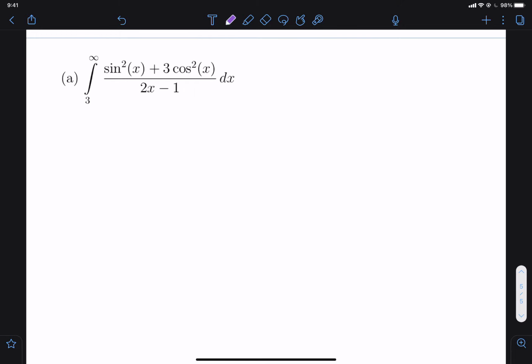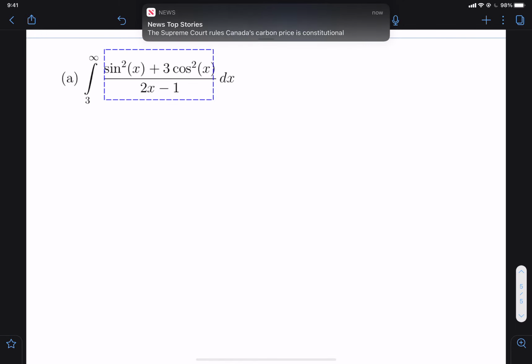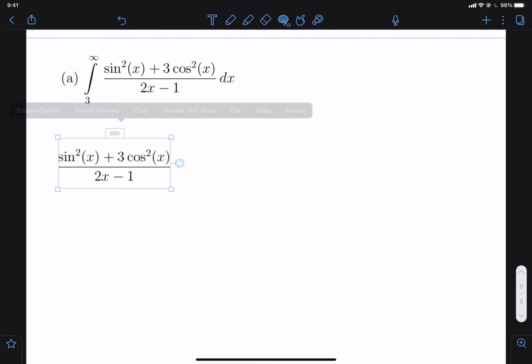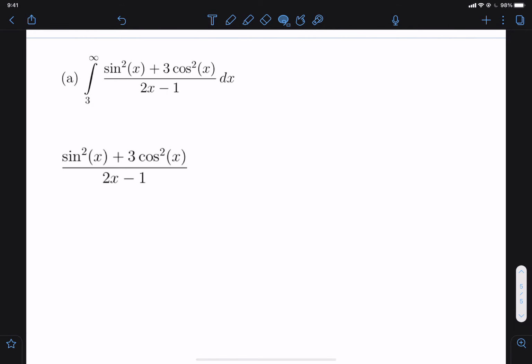So if we take this thing out, and then we want to change the numerator and the denominator to something that we're familiar with, we immediately think that we can use the sine square plus cos square equal to 1, right? So the top can be replaced with 1 plus 2 times cos x, right? This is 2x minus 1.